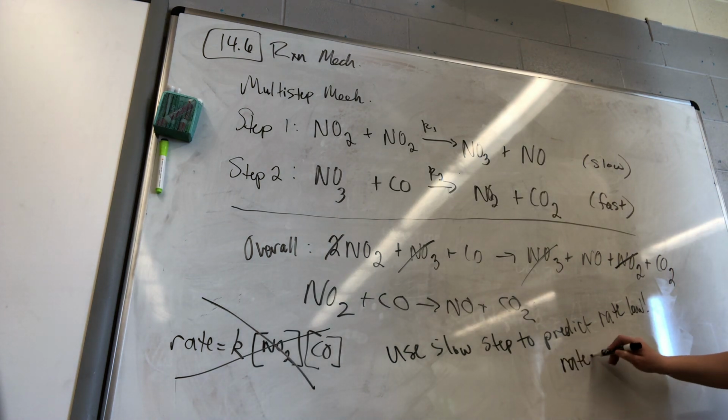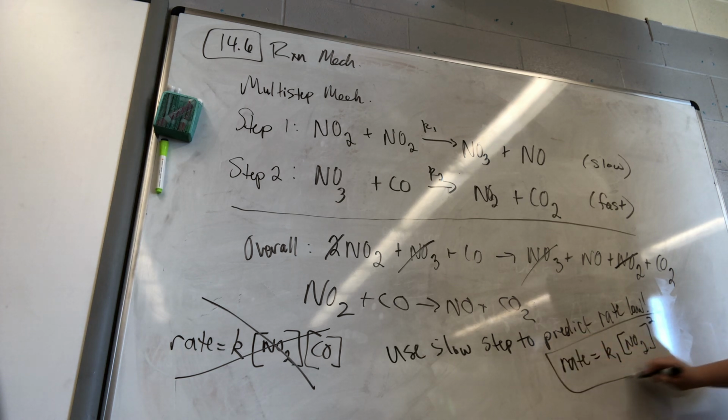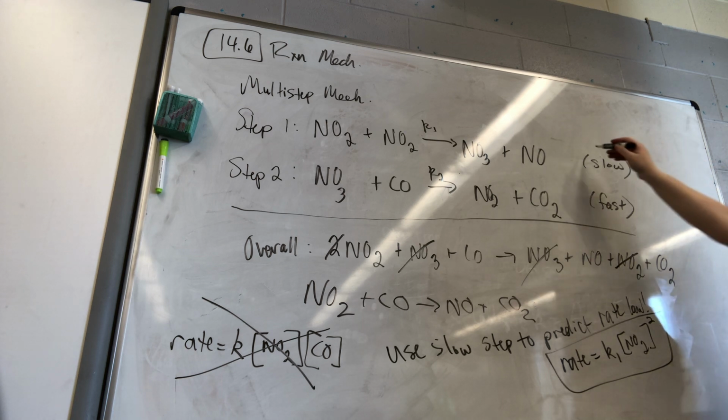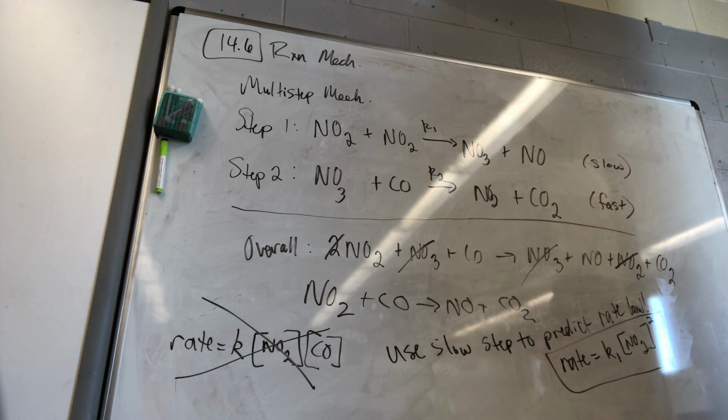Rate equals k1 times NO2 squared. That would be the proposed rate law for a multi-step mechanism with a slow first step. Remember that with a slow first step, you just use the reactants in that first step. You should not have any intermediates if the first step is slow.